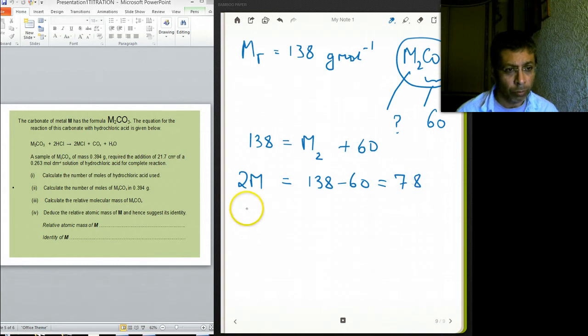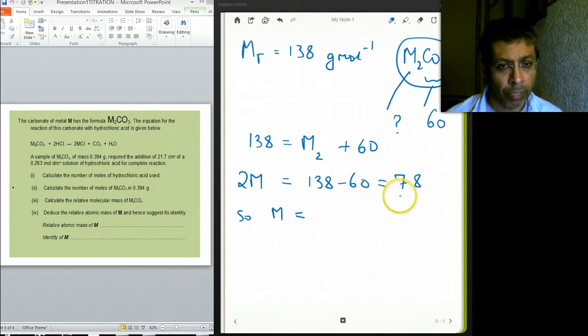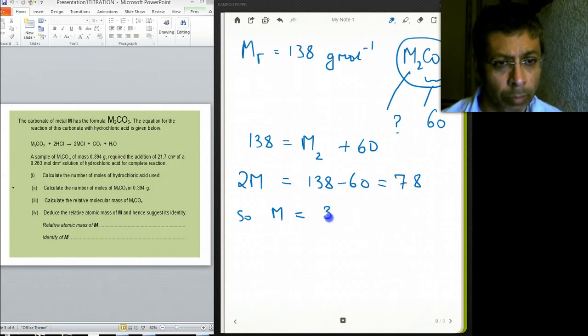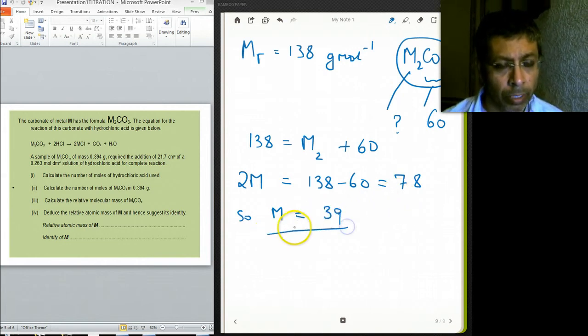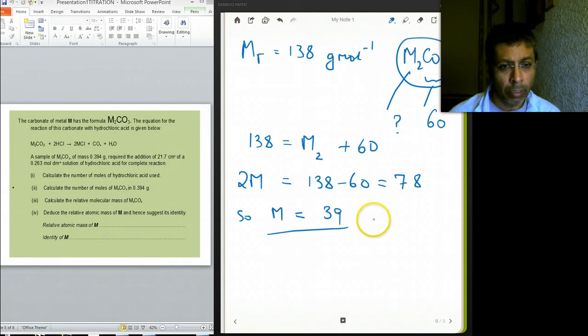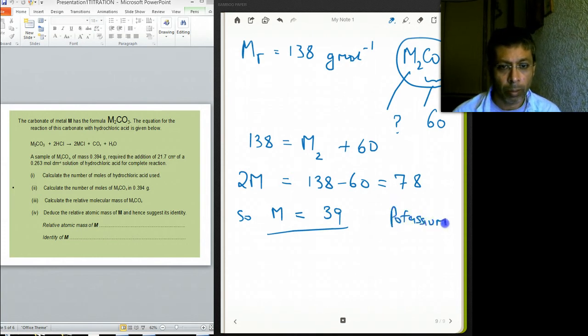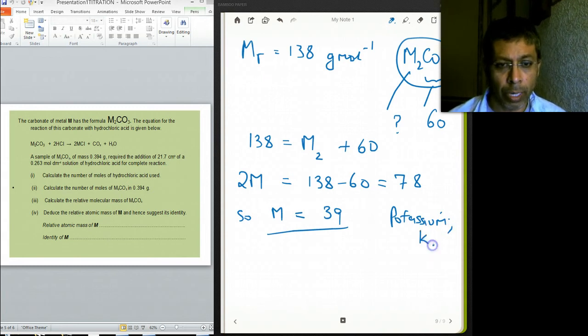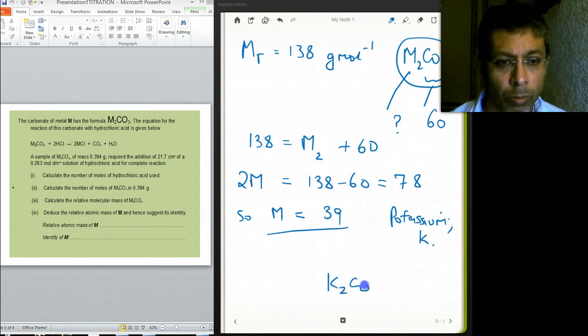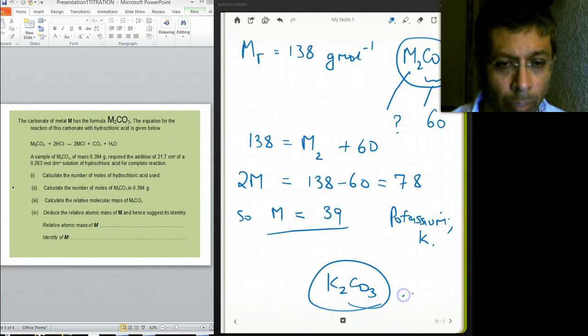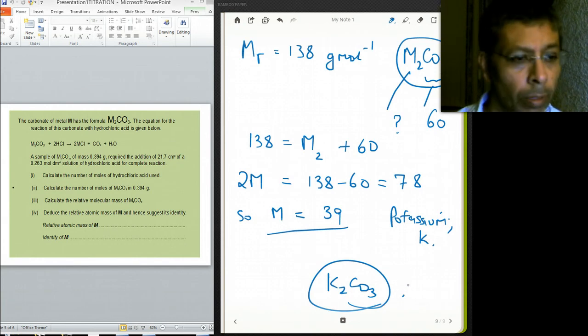So therefore M must be 78 divided by 2, that comes to 39. That's the atomic mass. And if you look at your periodic table, atomic mass 39 is potassium, which is K. So K2CO3 was our unknown metal carbonate. Okay.